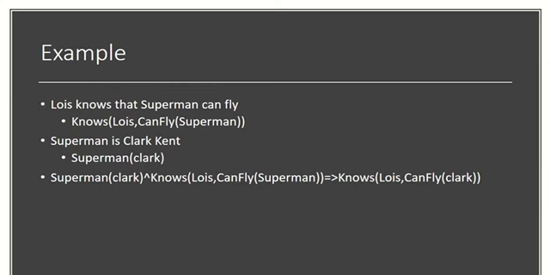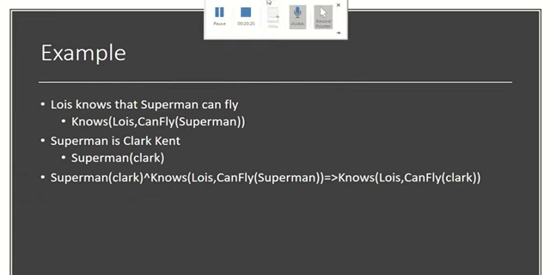Okay, so we have two facts. The first fact is 2 plus 2 is equal to 4. And the second fact is 4 is less than 5. So automatically we can deduce from this knowledge that 2 plus 2 is less than 5.